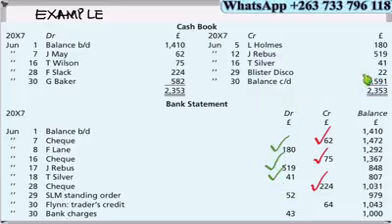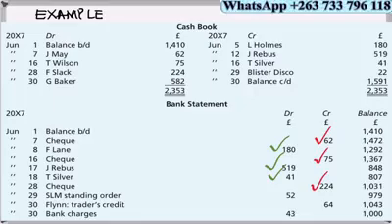As we learned in previous lessons, this will be an unpresented check. And on the debit side, we have G Baker 582. These are bank lodgements which have not been credited to the bank account or in the bank statement.